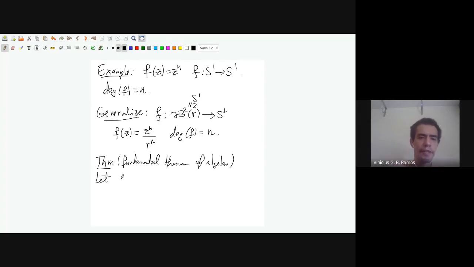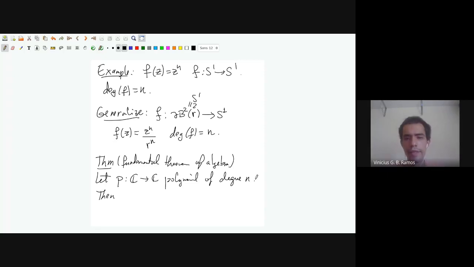It says if you take a complex polynomial P of degree n, and the degree is positive, so not 0 degree, then P has a root. That just means, i.e., there exists z in C such that P of z equals 0.